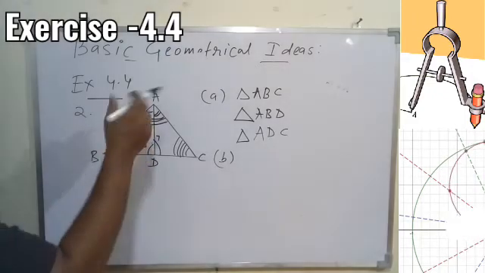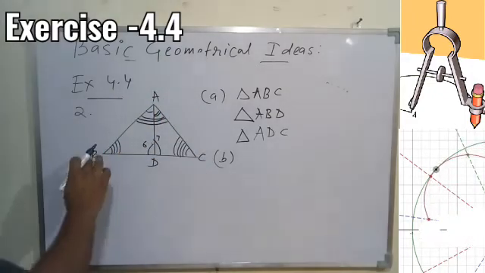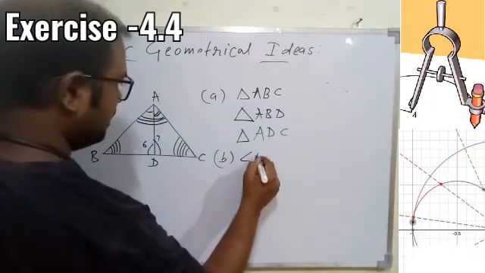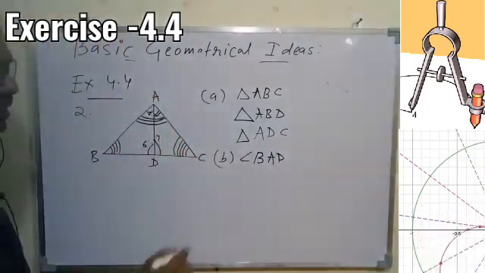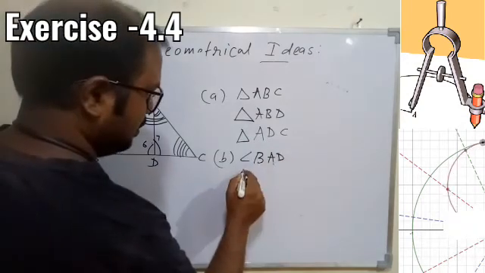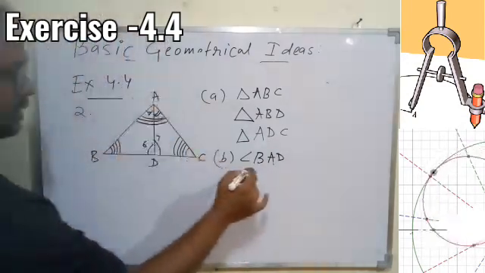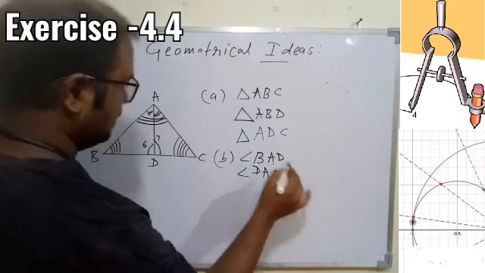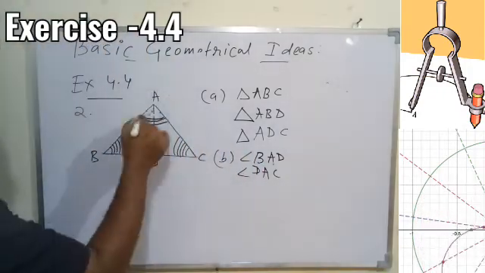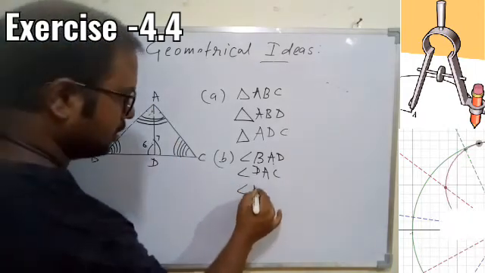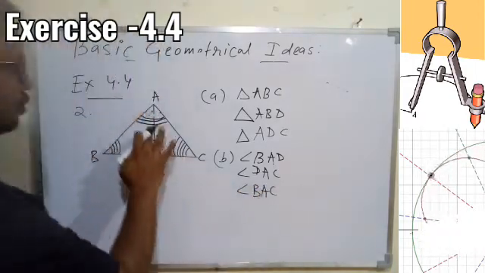Start with any first angle. So very first we can write down angle BAD. This is done. Okay, we are moving to angle 2, DAC. This is also done. Number 3 is angle BAC. This is also done.